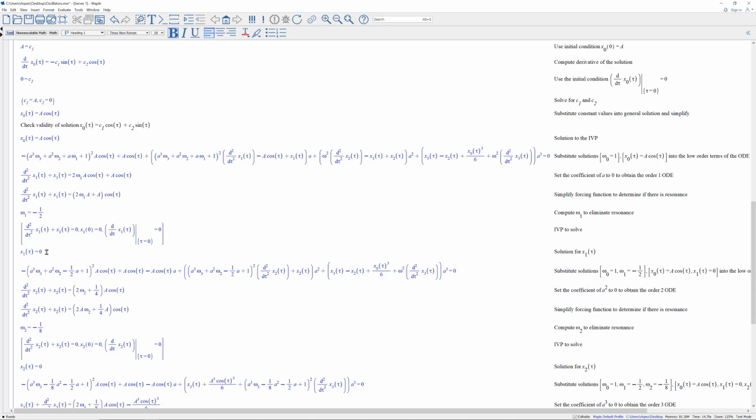It takes that information, puts it back into that big messy expression for the differential equation, and it extracts the coefficient, the second order term.